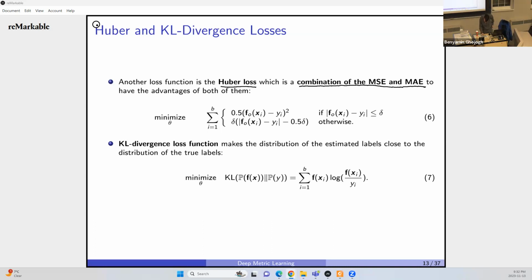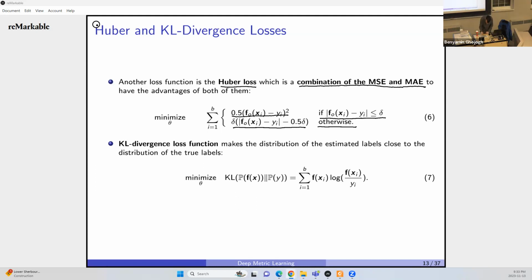Huber loss is this. For smaller numbers, it uses a squared L2 norm. Why? Because at the origin, for small numbers, it's smooth. But for large numbers, L2 norm exaggerates outliers. It's not good. So for large numbers, I use L1 norm.